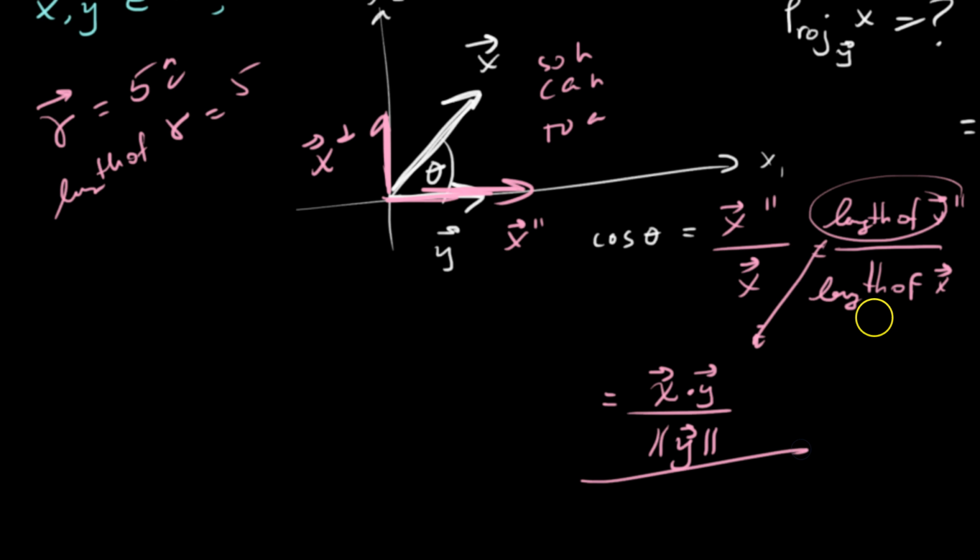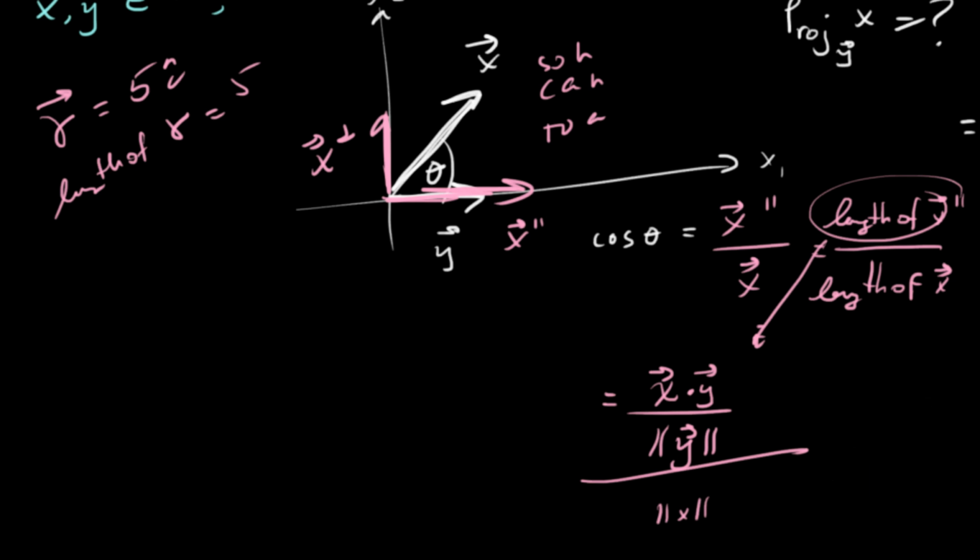And now we're dividing this all over by the length of x. And the length of x is just the magnitude of x. Let's simplify this a bit. We get x dot y over x squared... no, this is not right.